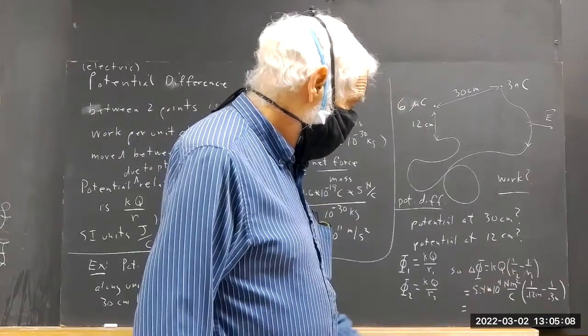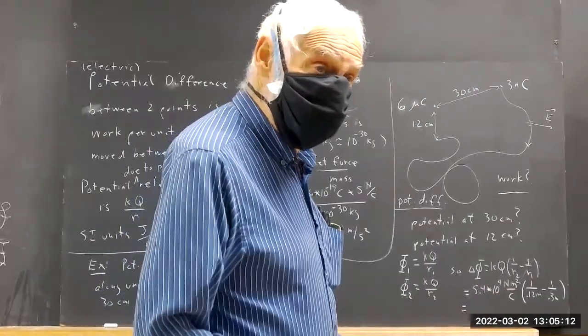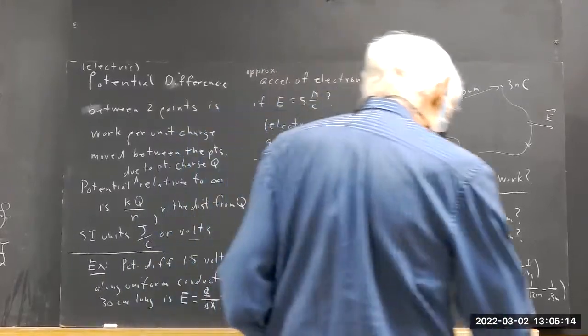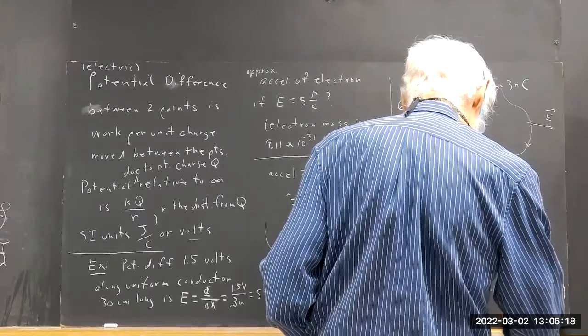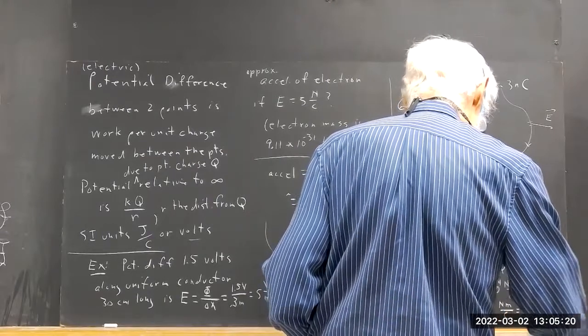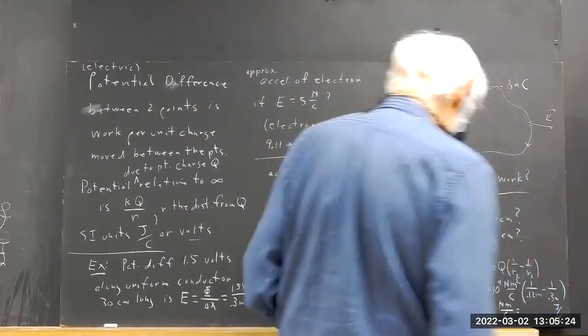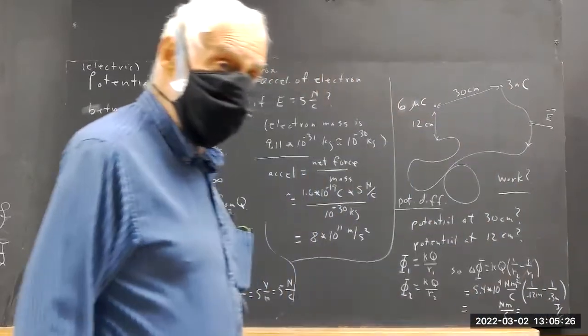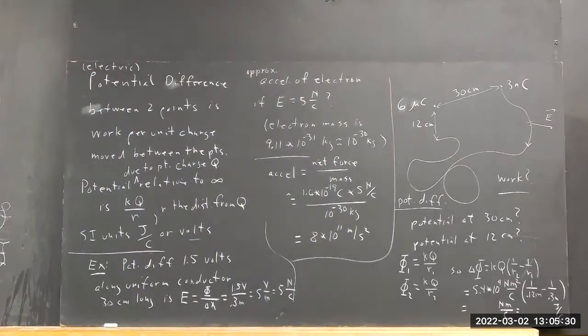That's Newton meters per Coulomb, so that's going to be joules per Coulomb. So now you're just going to get a number. What's your number?